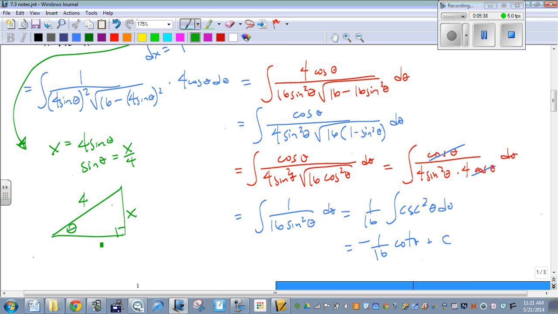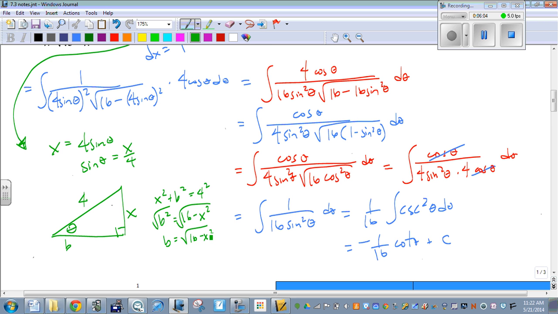Let's say this is side b right here. Well, then x squared plus b squared equals 4 squared. And we want to solve for b. So b squared is going to be equal to 16 minus x squared. And we need to take the square root of that. So b is the square root of 16 minus x squared.